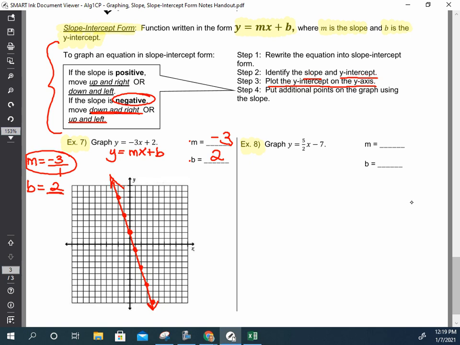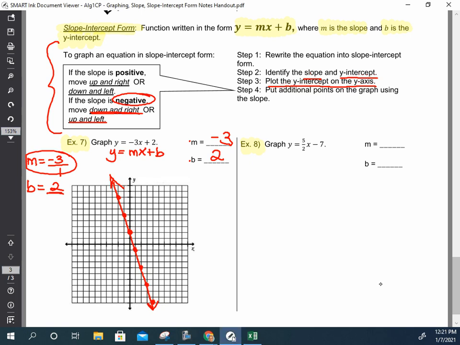Example 8 is the last example. So before we do example 8 together, I'm going to give you a quick minute to get it started yourself. So example 8, y equals 5 over 2x minus 7.